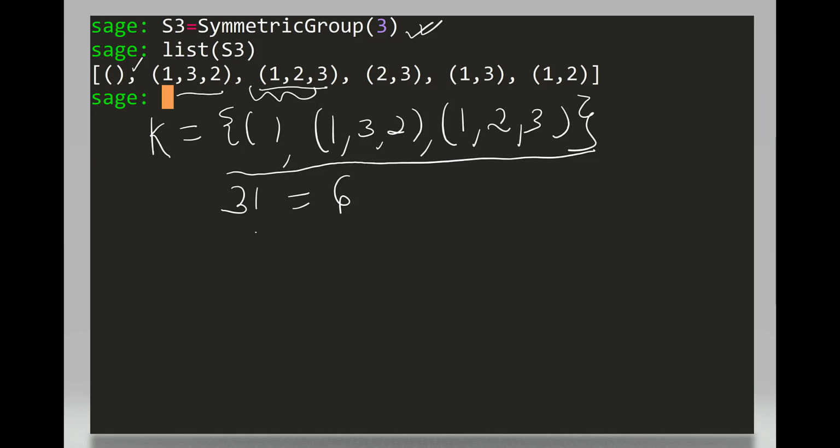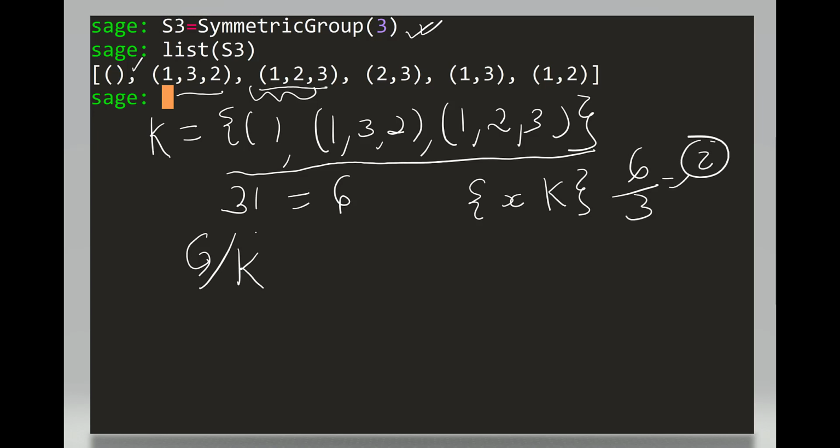So, calling it a factor group, that's not fair yet. If we look at the set of left cosets, or what you also call the index of K in G, that will be how much? 6 over 3, that is 2, right? So there will be only 2 left cosets and 2 right cosets. Now notice this, one of the left cosets is going to be the left coset by the identity element, which is this.